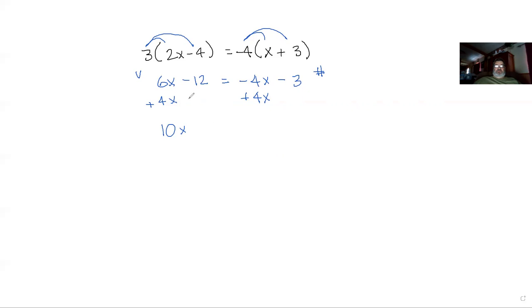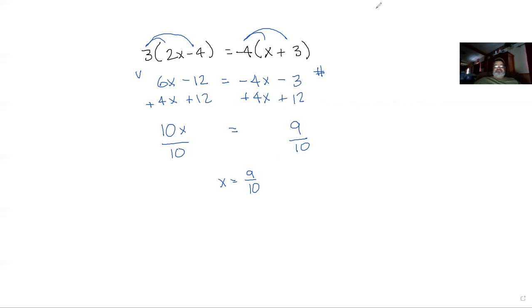And then we will add 12 to both sides. That's going to give us 9. We'll divide away the coefficient, and we're left with x equals 9/10.